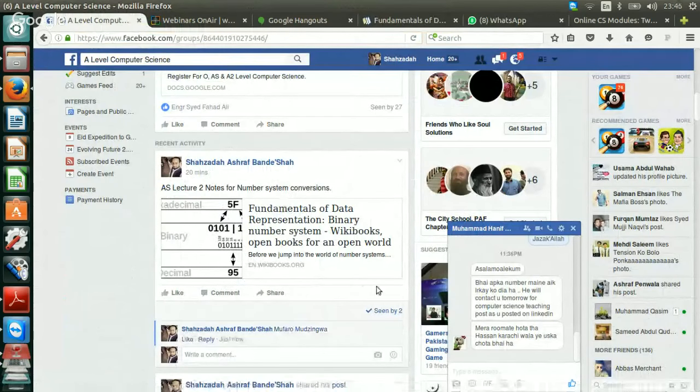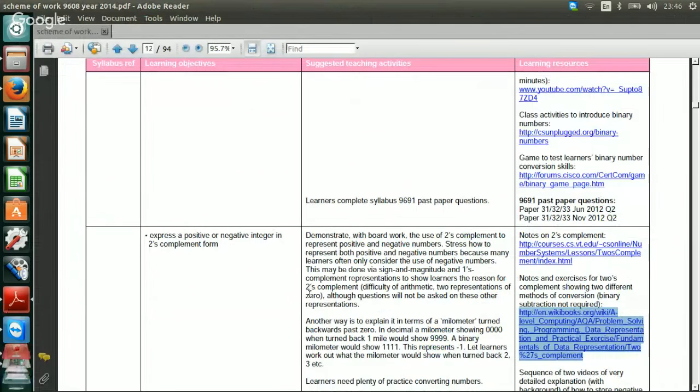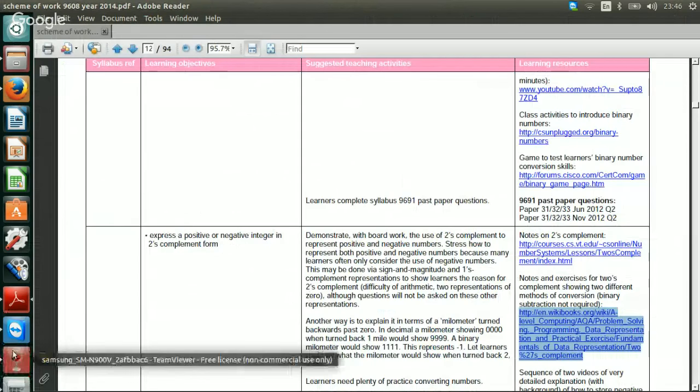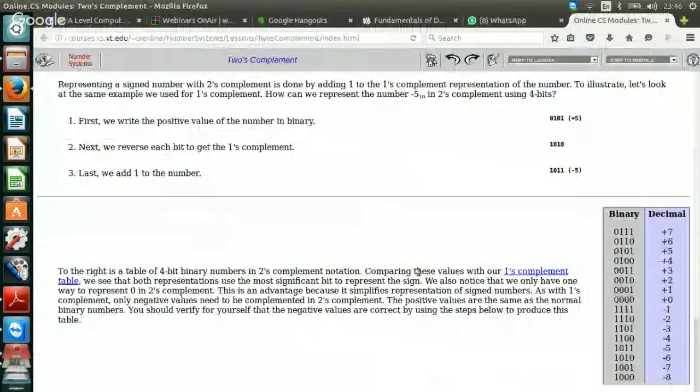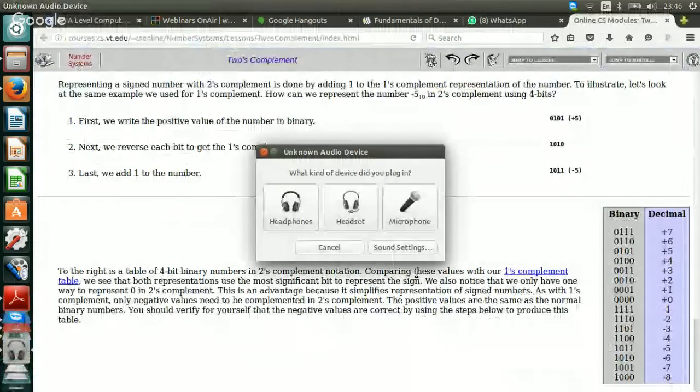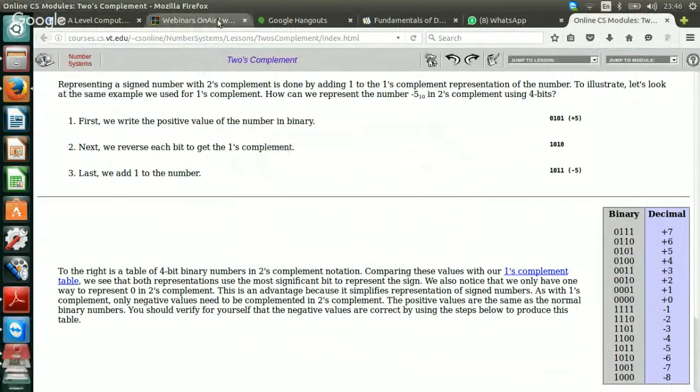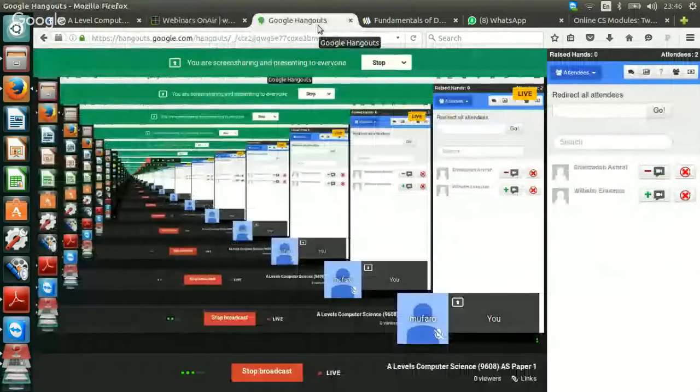There you go. Okay. So let's move on with the next thing, that is 2's complement. Just let me have a look that everything is going fine.